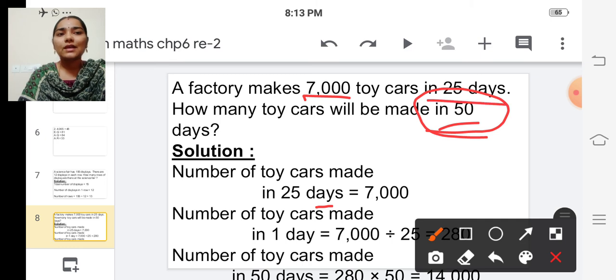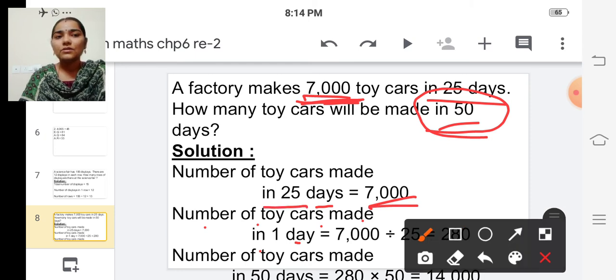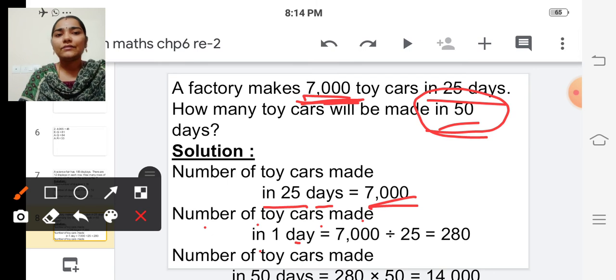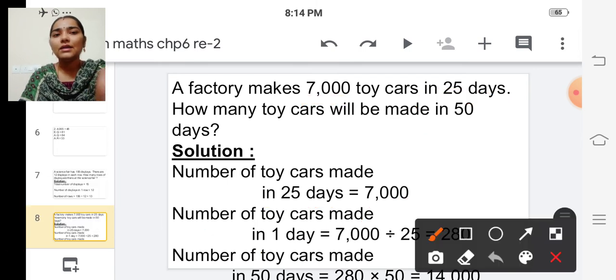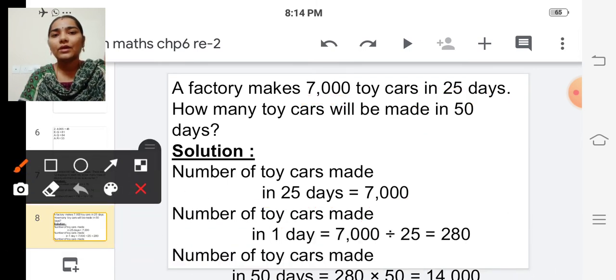So in 25 days they make 7,000 toy cars. So the number of toy cars made in one day is 7,000 divided by 25. So we have to divide this 7,000 by 25.